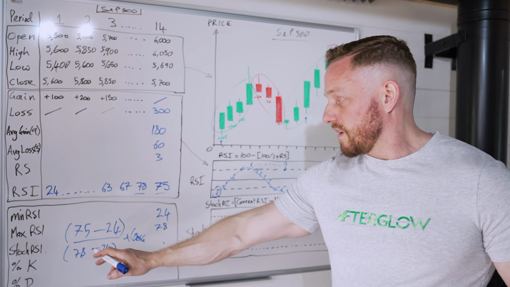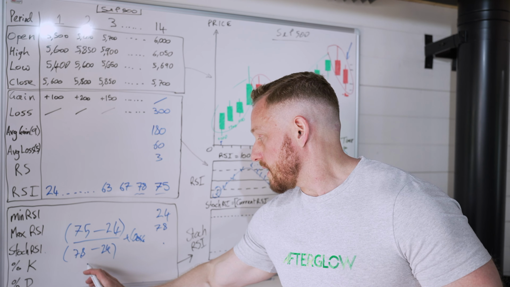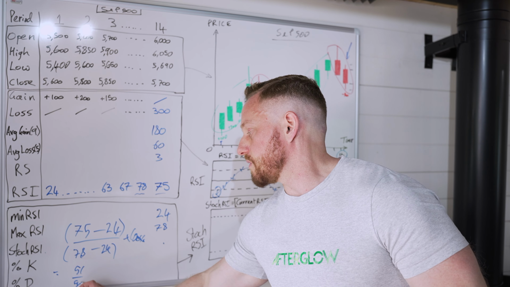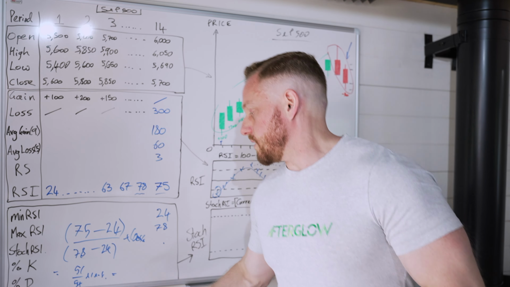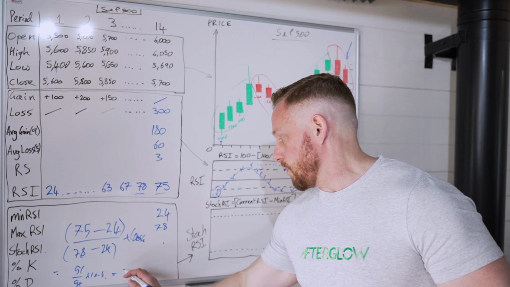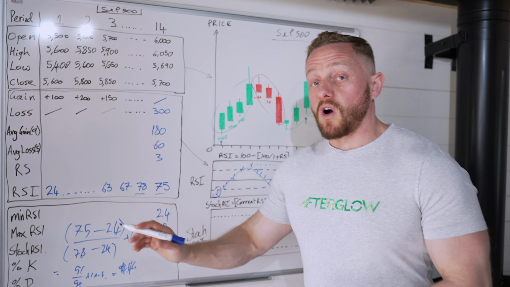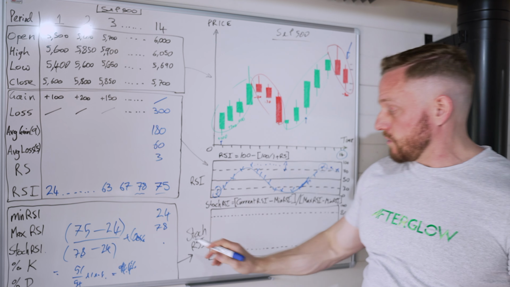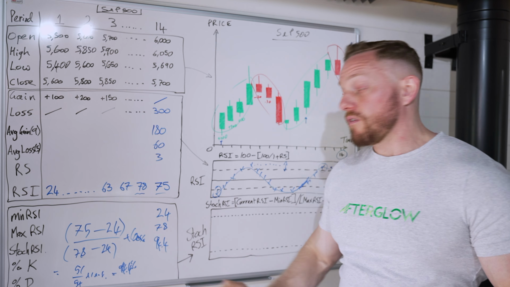Now, if you calculate this through, that is equal to 51 over 54 times 100%, which equals 94.4%. So our raw StochRSI value for that candle is 94.4.